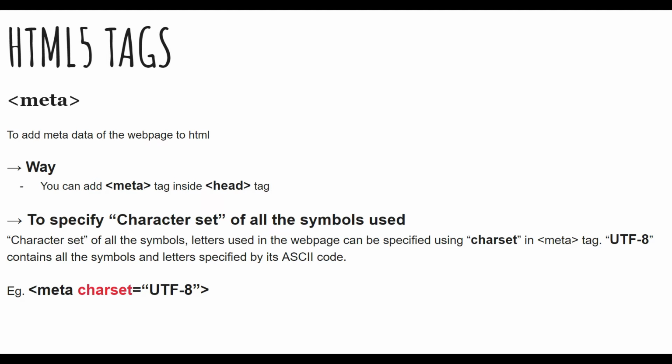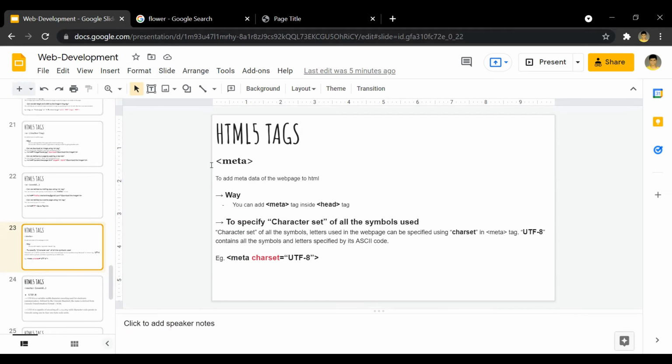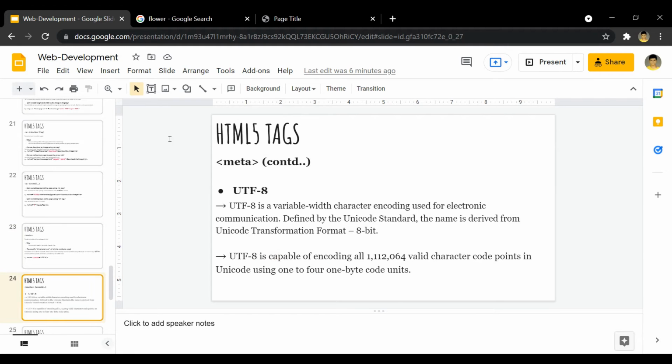So if you want a small a, then you need the ASCII code of 97, which will be specified in UTF-8, etc. Even different symbols and other languages you can get using UTF-8 because it combines 1 to 4 bytes of 8-bit code, and it will help to get more symbols. So that's the use of charset.